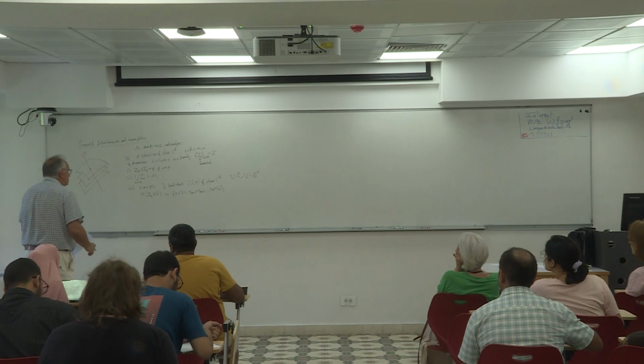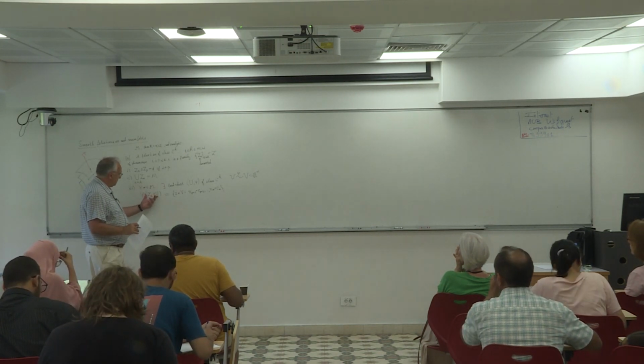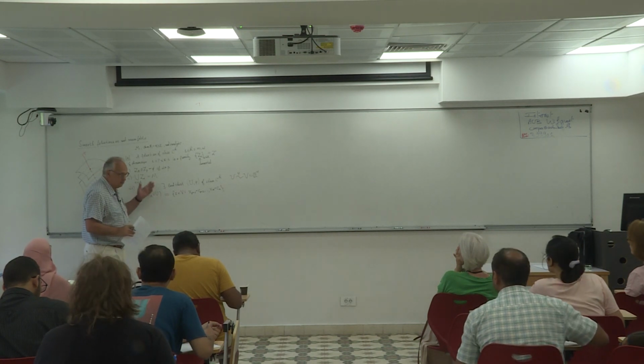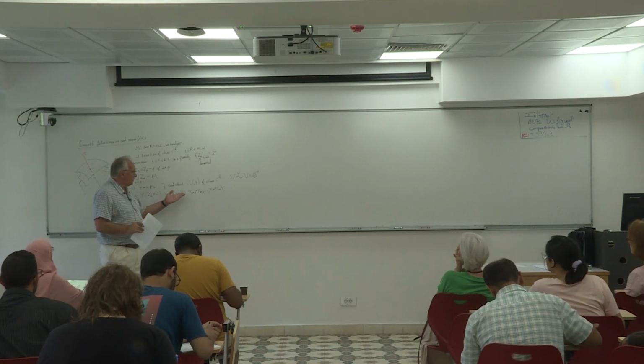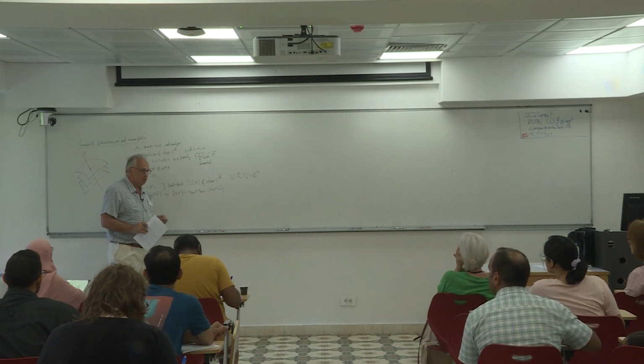So locally, a leaf L alpha of our foliation looks like a piece of R^p.